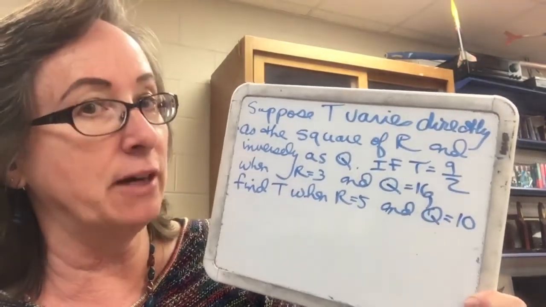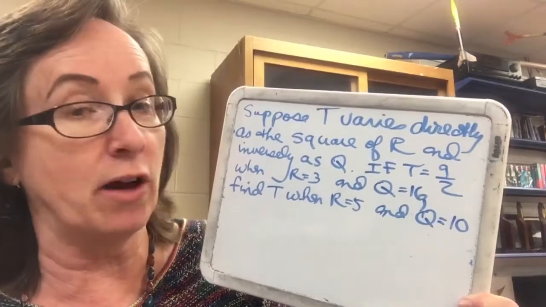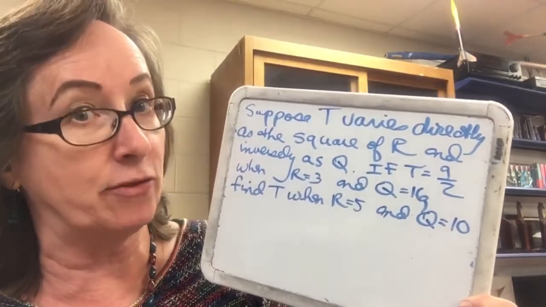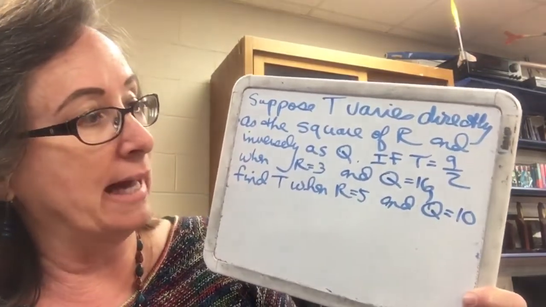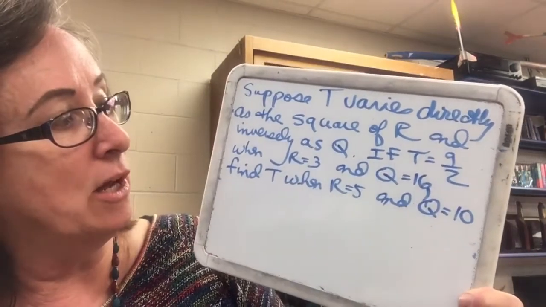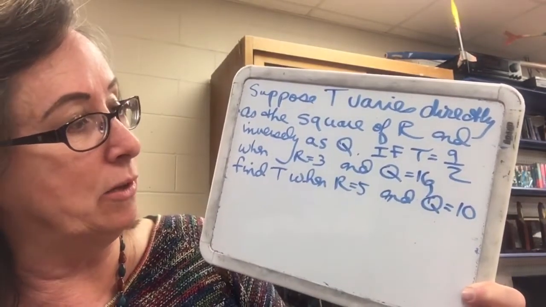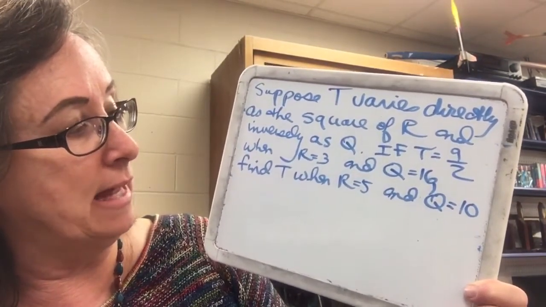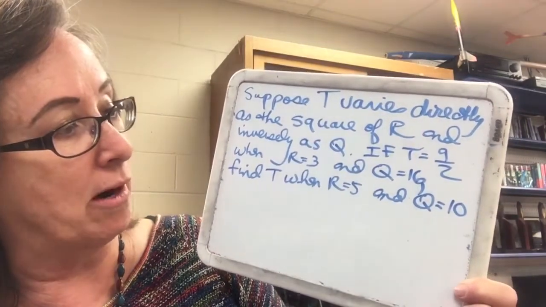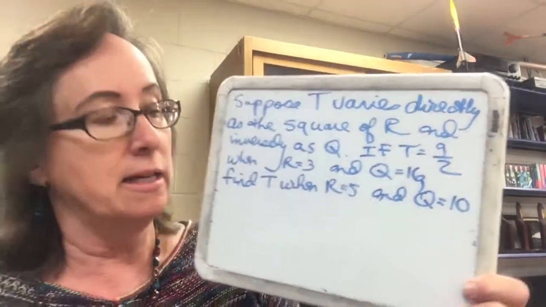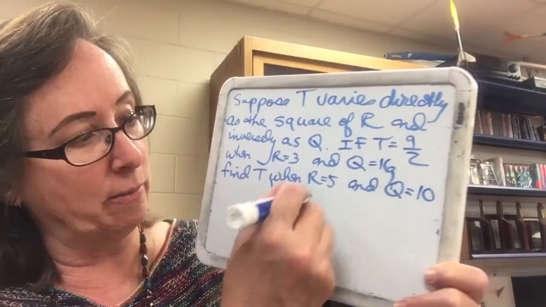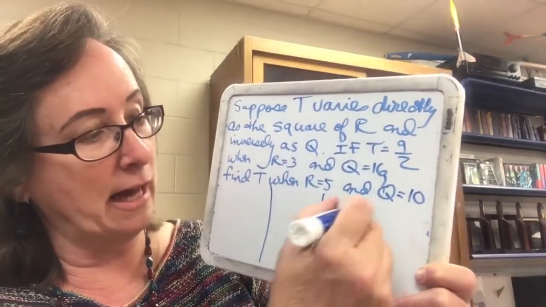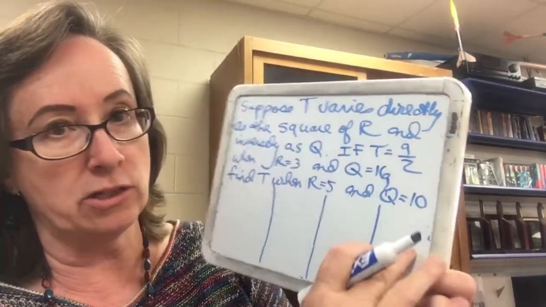It is a combined variation because it is involving direct and inverse variation. Okay, if t is 9/2 when r is 3 and q is 16, then find t when r is 5 and q is 10. So first we have to write our equation, find our k, rewrite our equation, and solve the question.